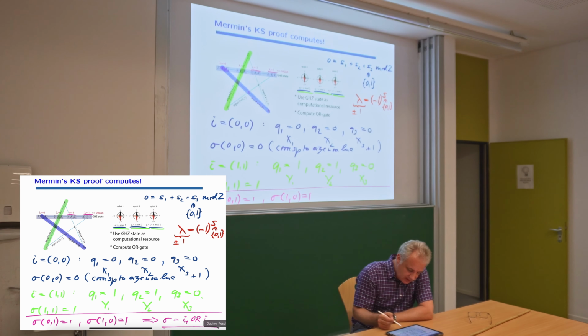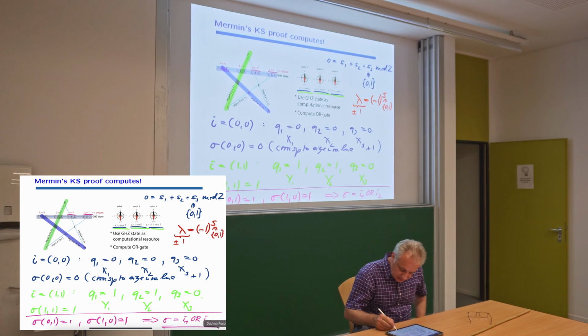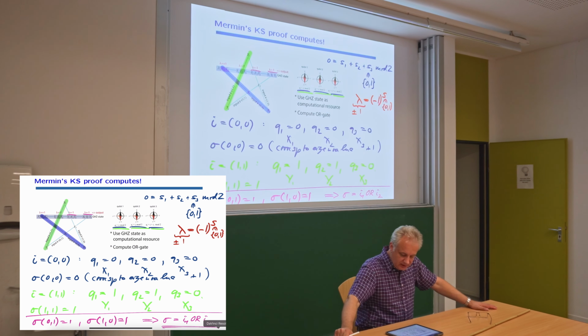We have 4 input combinations, 4 outputs, and we see that this is the OR gate. So our output O is I1 or I2. Good. So that's the proof for the OR gate, the nonlinear Boolean function combination based on Mermin's star.